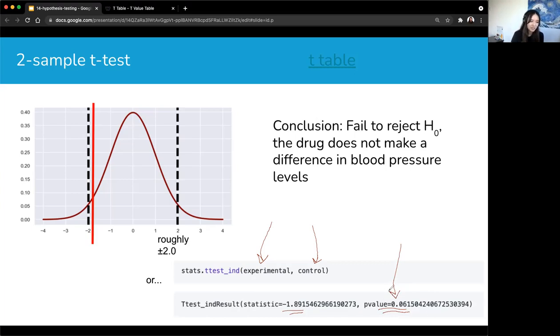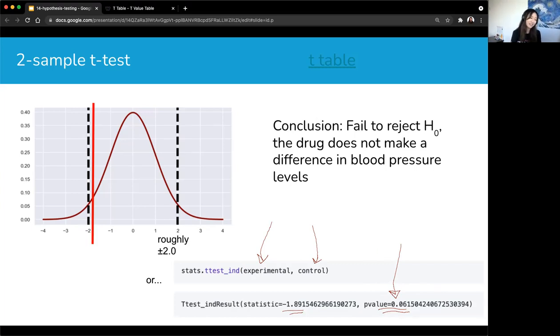So sure, there was a difference of 9 in the blood pressure levels, but that difference was not significant enough because there's still a 6% chance that it could have occurred by random. Usually you want to look for p-values that are as low as possible, such that the observed differences are less due to random chance.